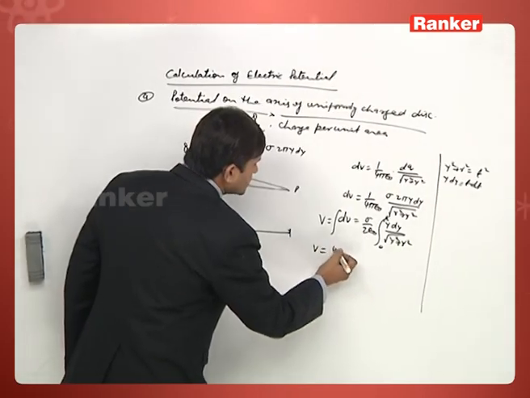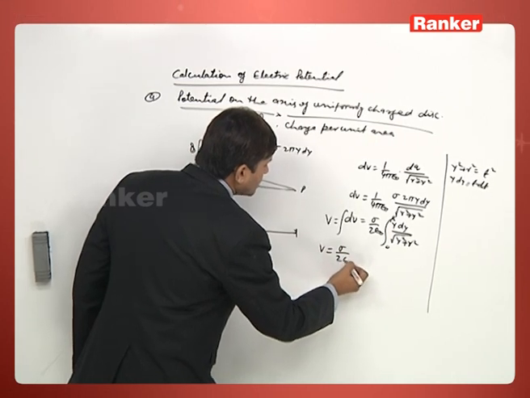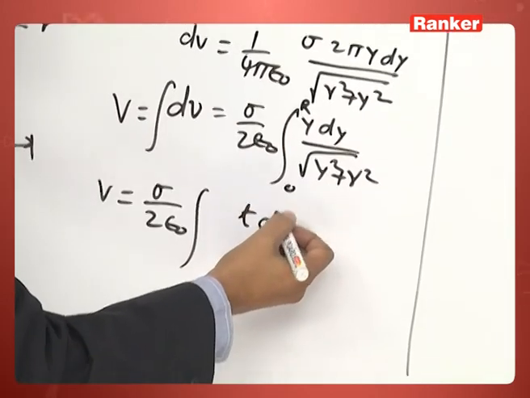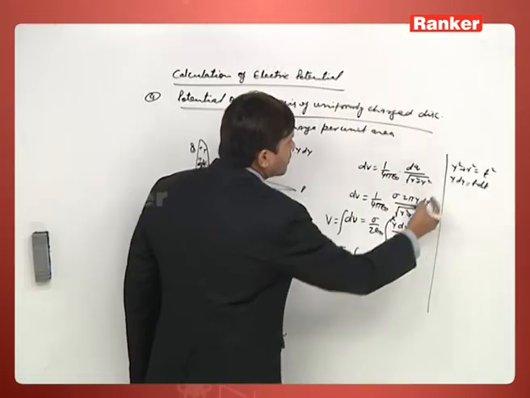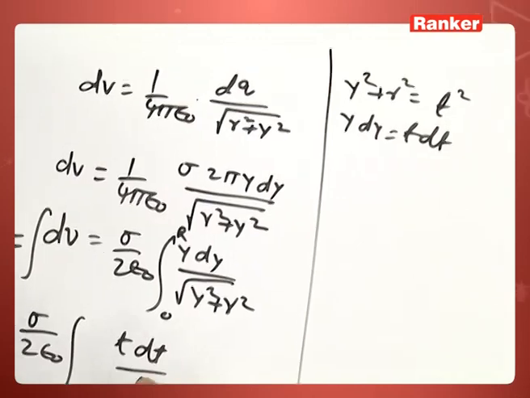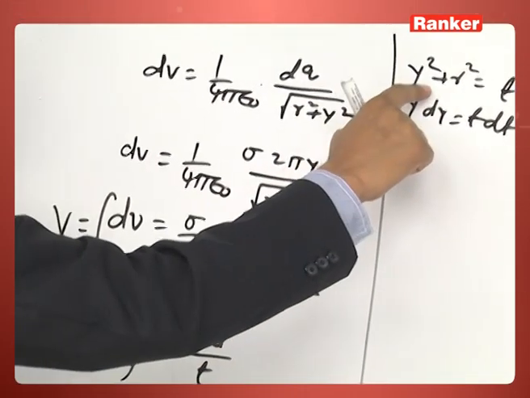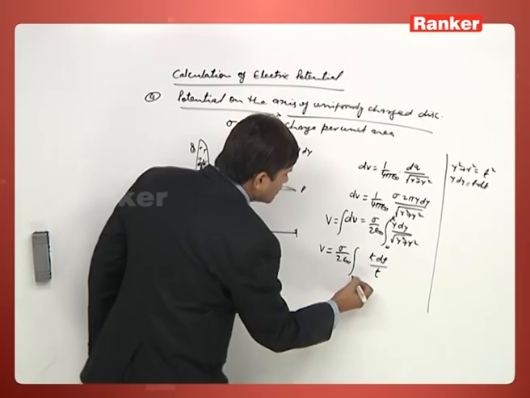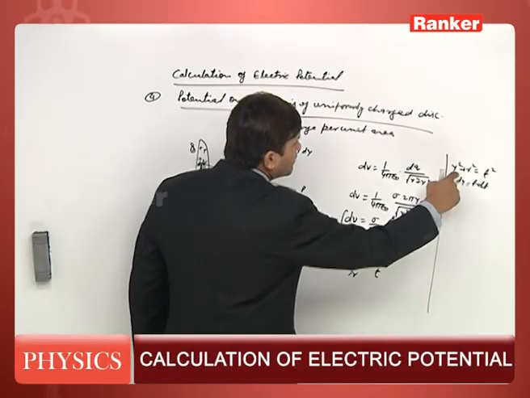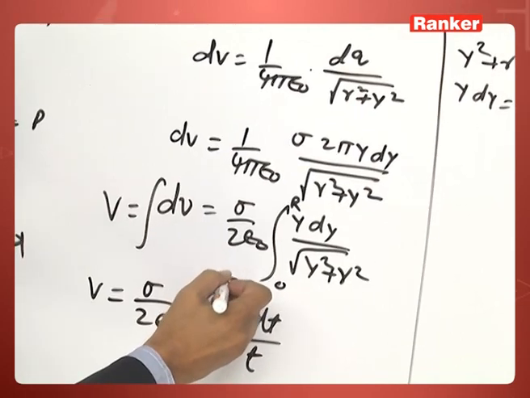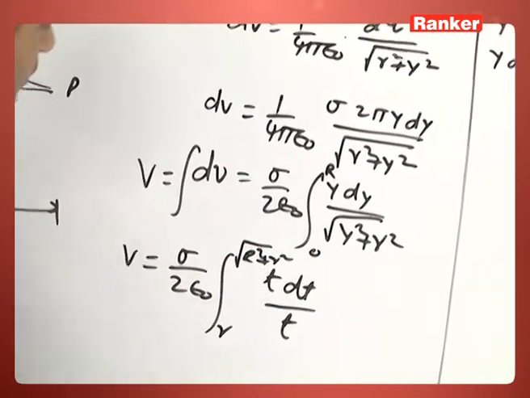So V is sigma by 2 epsilon naught times integral of t dt by t, where root over y square plus r square becomes t. The limit of t: when y is 0, t is equal to r, and when y is capital R, t will be root over R square plus r square.